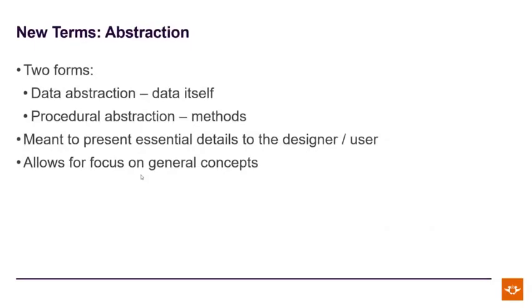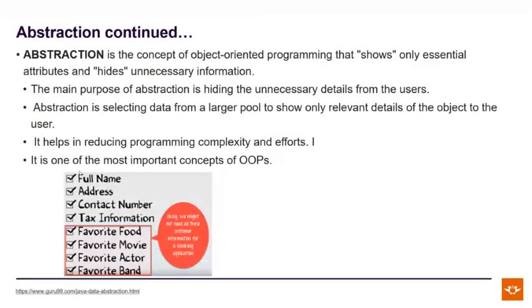So abstraction is data abstraction and procedural abstraction, which is methods. It's to abstract. So here is an example of information. Do we need to have all this information? Full name, address, contact, tax information, favorite food, favorite movie, favorite actor, favorite band. Does a person need to know all of this?